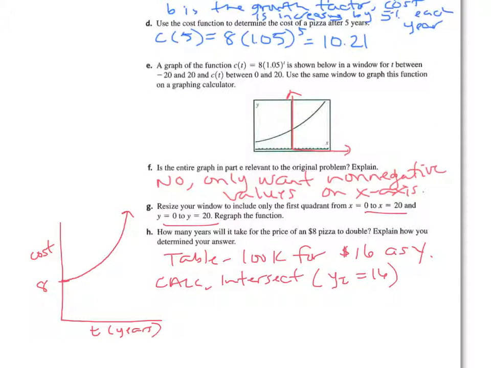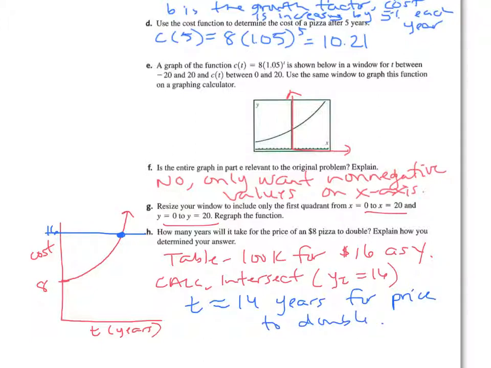I'd have to have that horizontal line. Let's just say that up here is 16. What we're looking for is that spot right there. If you do one of those, a table or the intersect, you find it is about 14 years for the price to double.